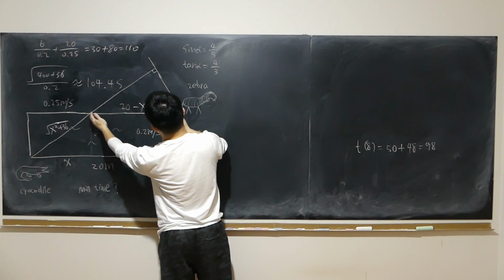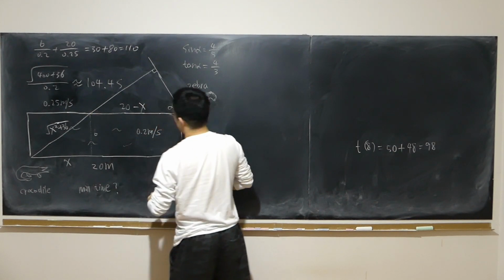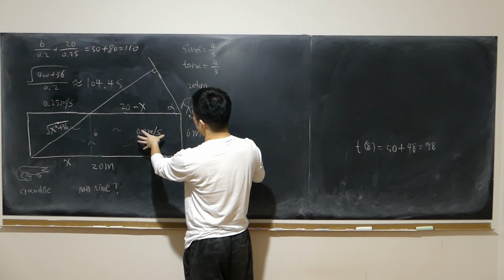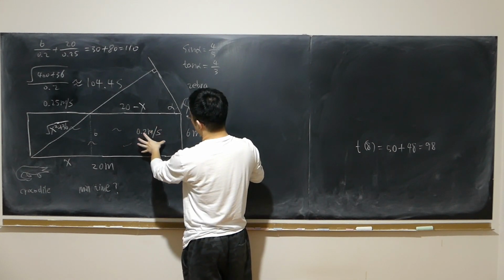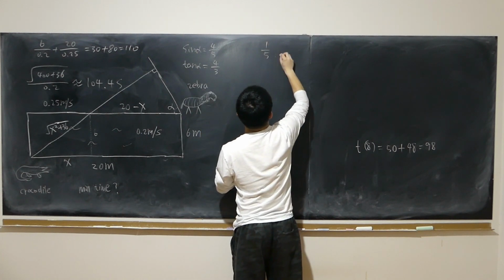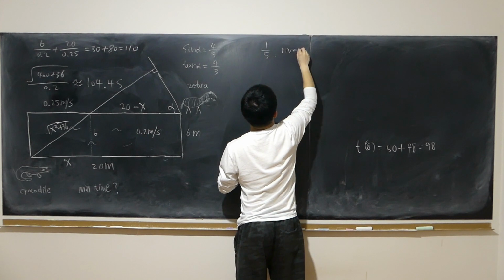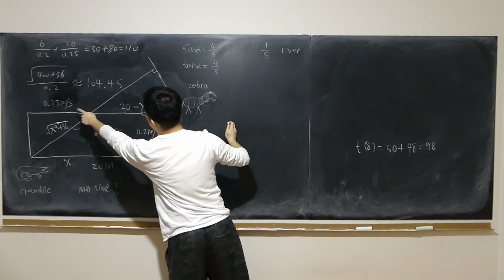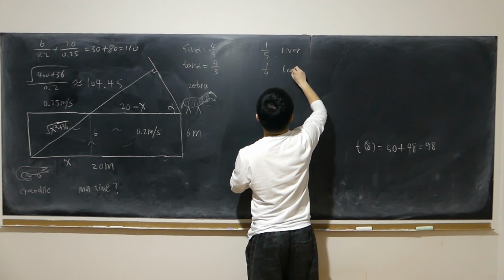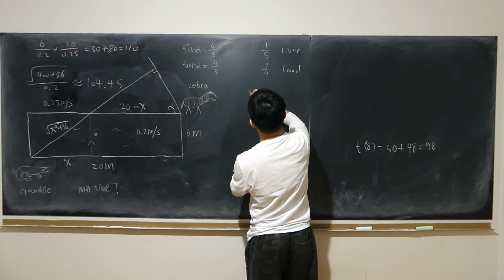I'll make sure it's 4 over 5. Why is that? Because the speed in the river is 0.2, and on land, it's 0.25.